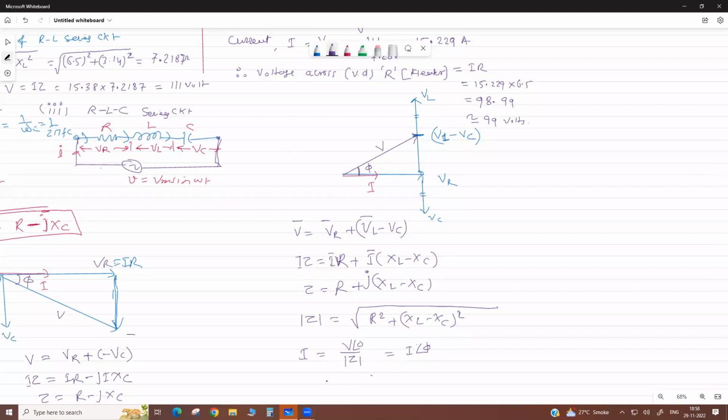If we calculate the power factor, cos phi of this angle will give you the power factor. In this case the current is lagging and the angle is positive. If the angle comes negative, the power factor is leading. Okay, dear.